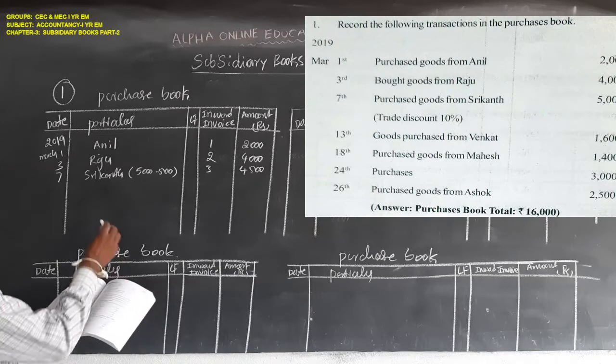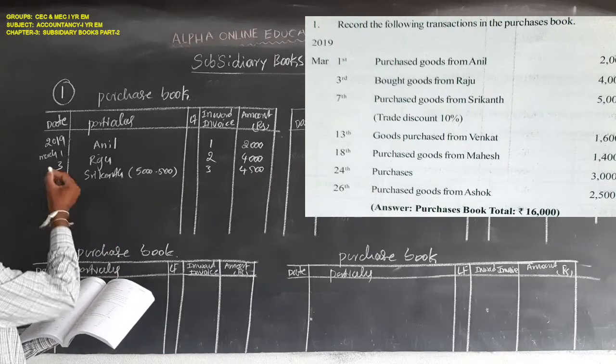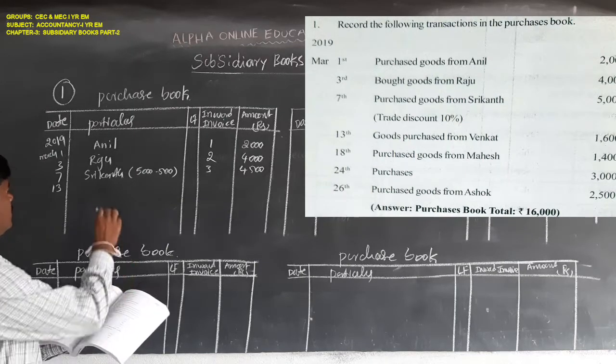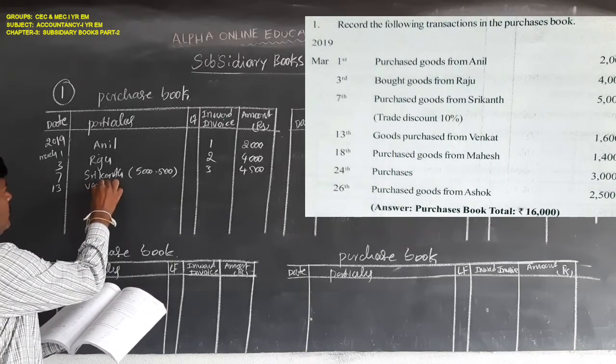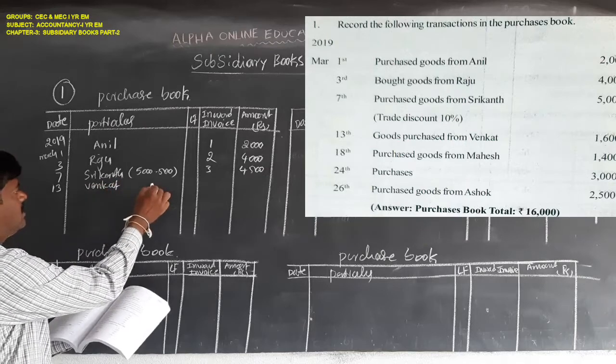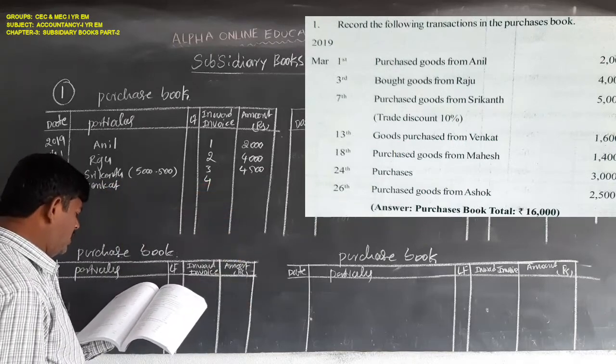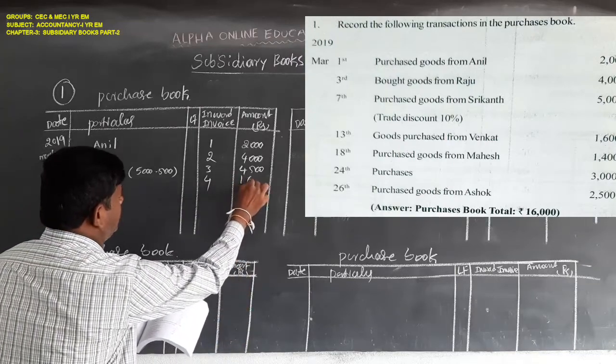Next, 13th date, goods purchased from Venkat. Venkat, no trade discount, directly you have to record 1600 rupees.